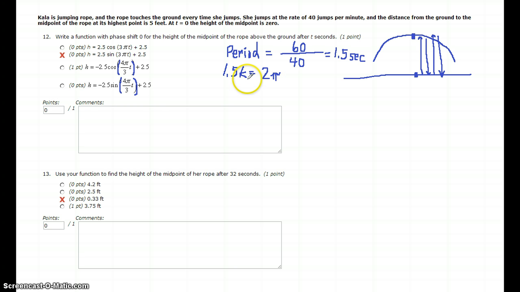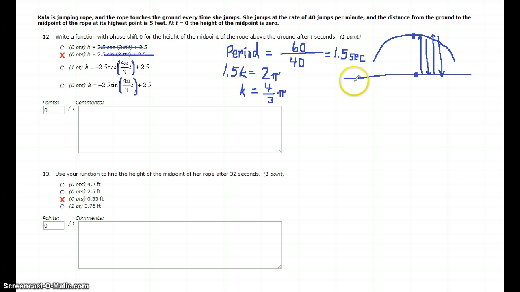So to find out what the k value is, we take this formula and divide both sides by 1.5, and we end up with 4 over 3 pi as our value for k. And this is the value that gets plugged in front of the t for our sine or cosine. So since we know it's 4 over 3 pi, we know it can't be the first two problems. It has to be one of the last two. Now what we have to determine is which one it is.